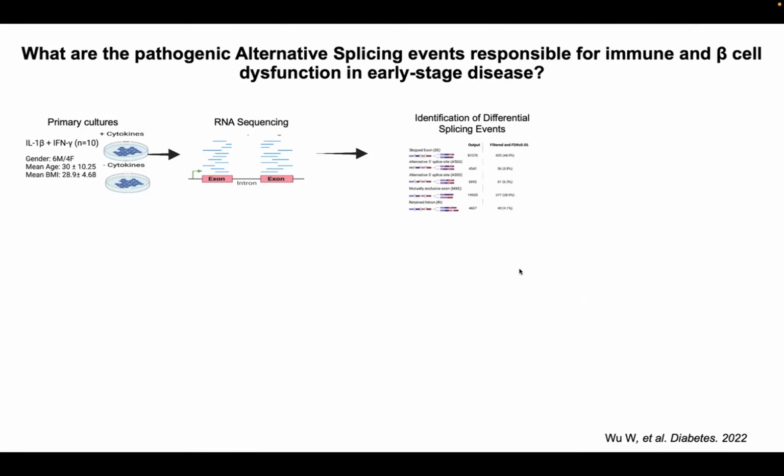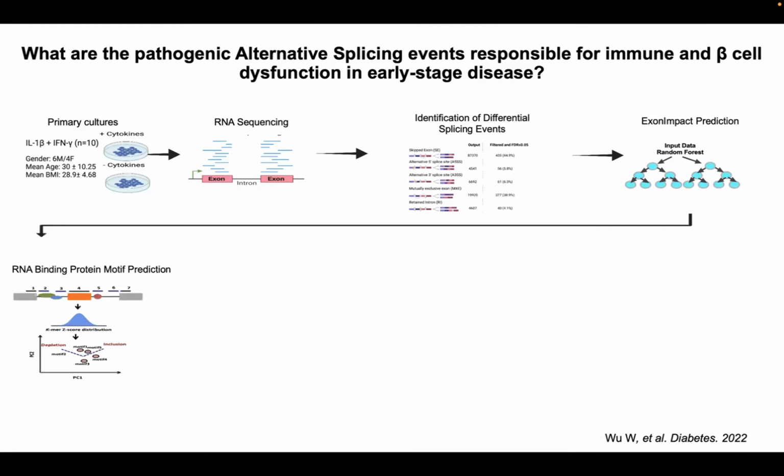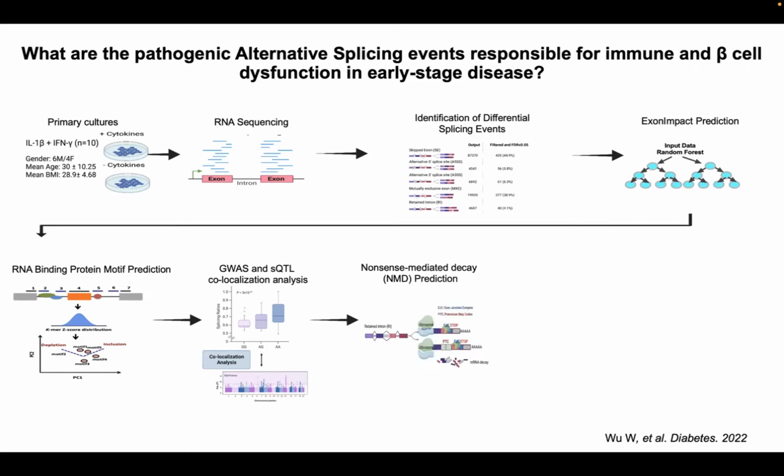After that, we developed our own bioinformatics pipeline to predict the function of the alternate splicing and do RBP motif prediction. The third is to do a co-localization analysis between the T1D GWAS loci and the splicing QTL.